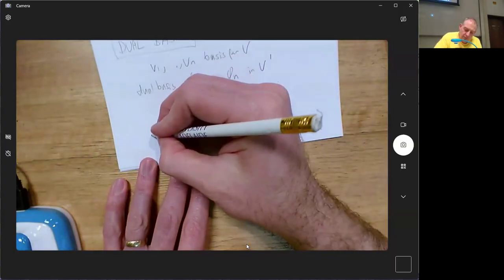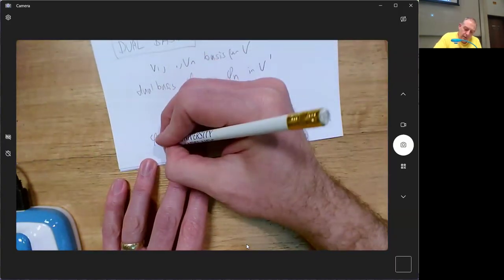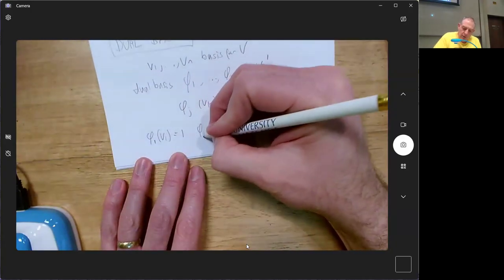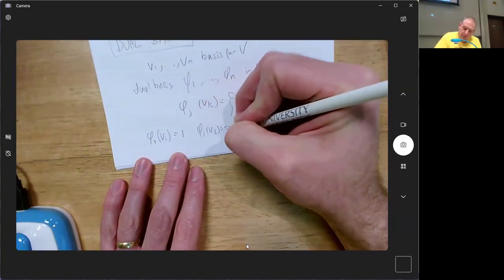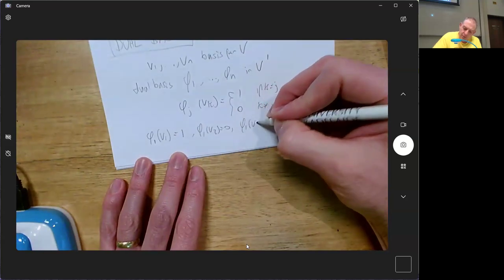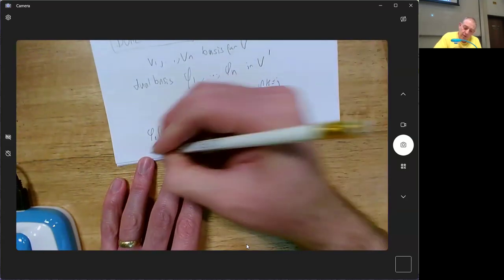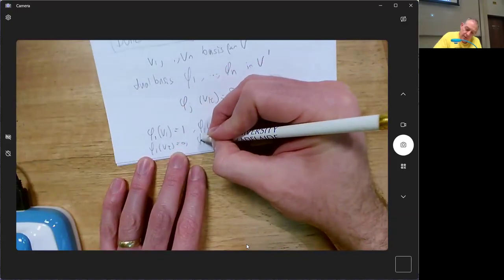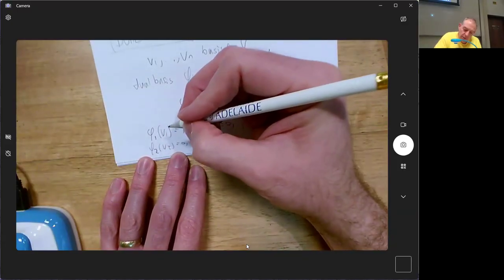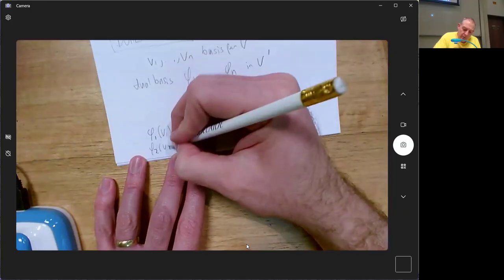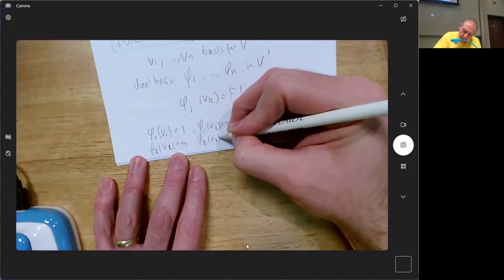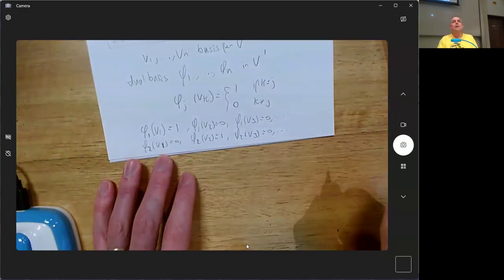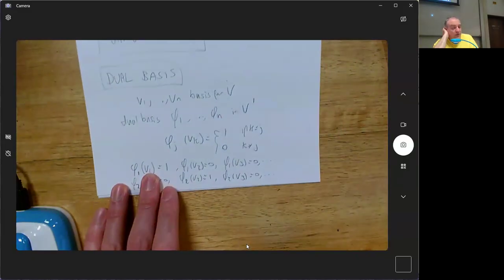What that means is that phi 1 of v1 will be 1, but phi 1 of v2 will be 0, and phi 1 of v3 will be 0, etc. And phi 2 of v1 will be 0, phi 2 of v2 will be 1, phi 2 of v3 will be 0, and so on. That's the idea of what a dual basis is.